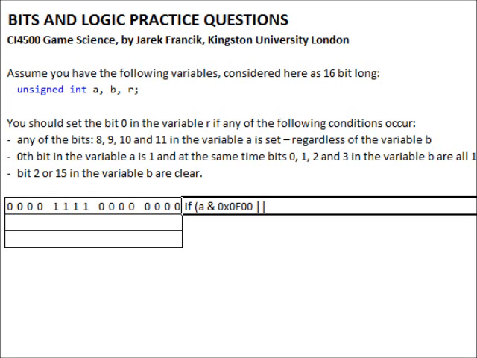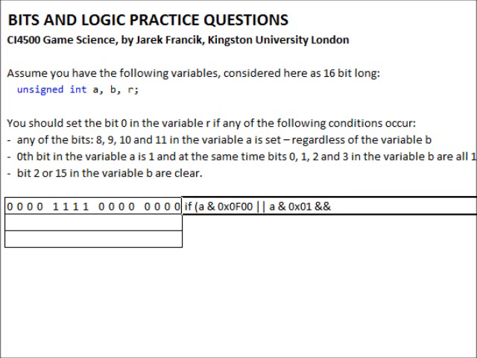The first sub-expression says 0th bit in the variable a is 1, so it's again a classical bitwise test with a very simple bit mask, which would have just 0 bits and set to 1. So actually this will do. That's the first sub-expression.